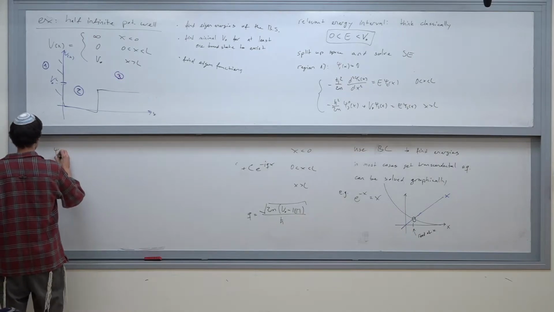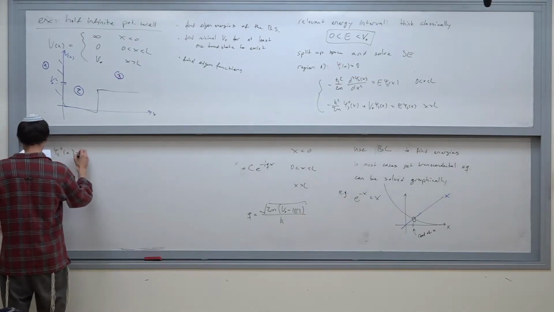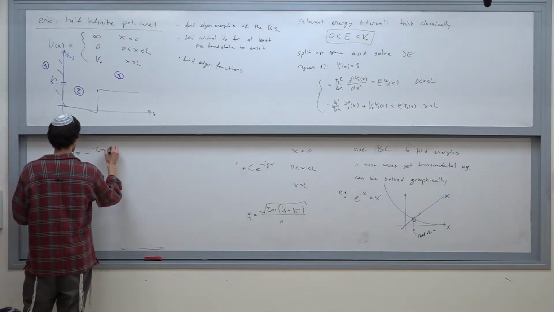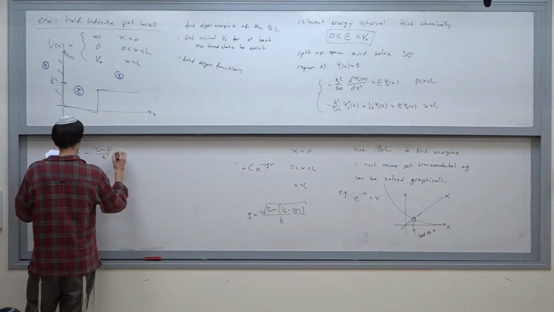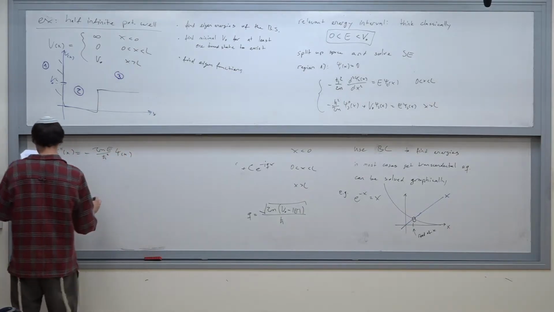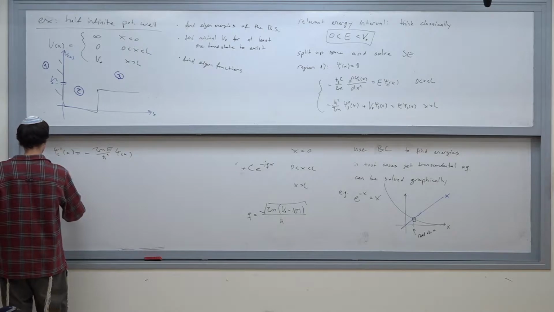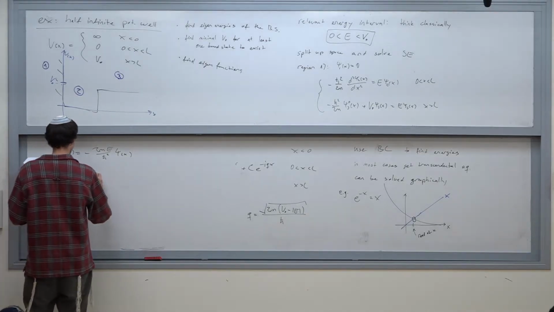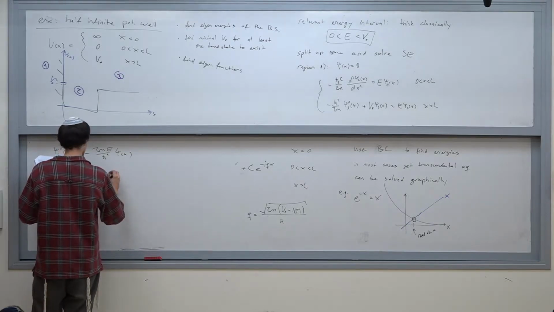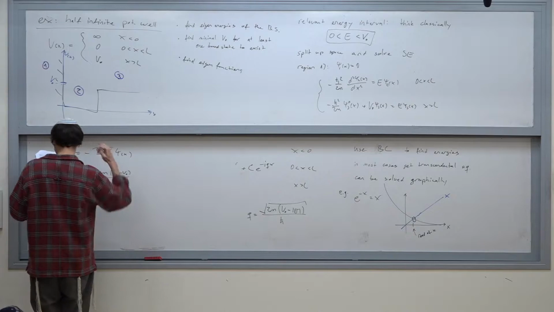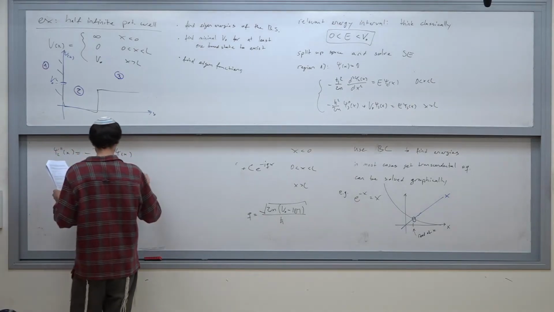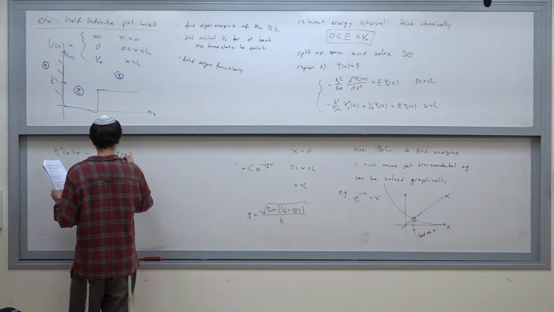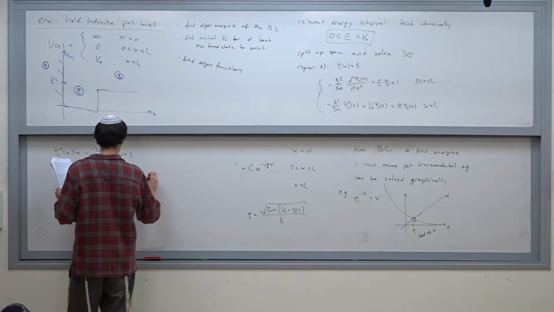So we get ψ2''(x) = −(2mE/ħ²) ψ2(x), and we get ψ3''(x) = −(2m(E − V0)/ħ²) ψ3(x).